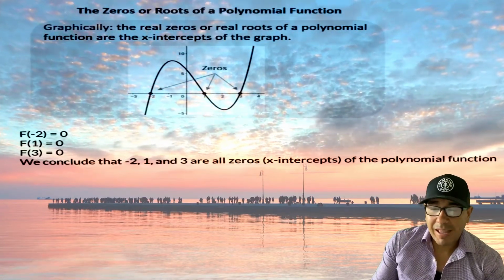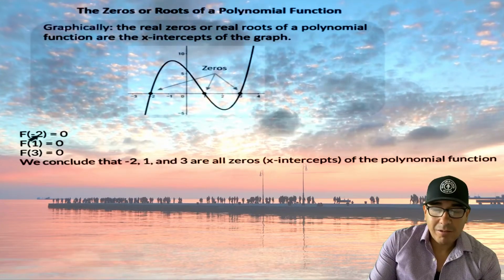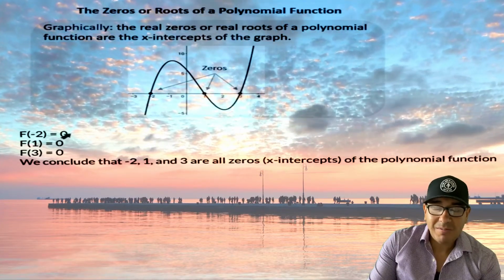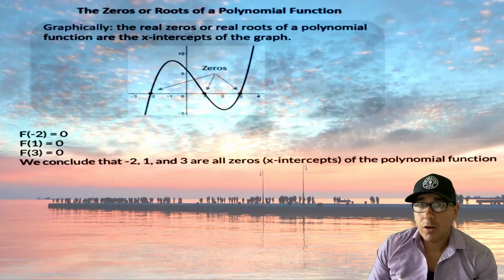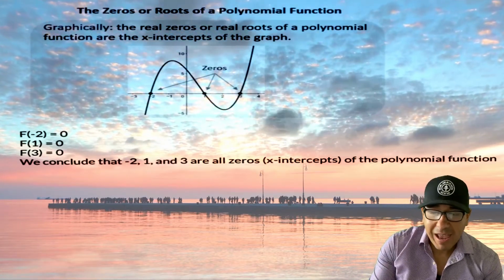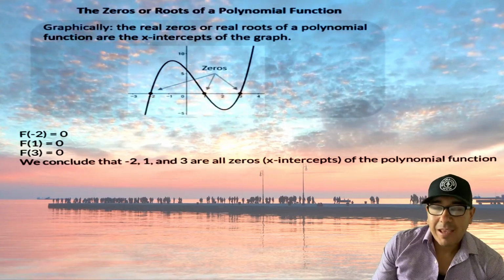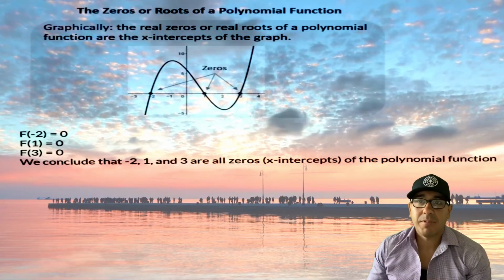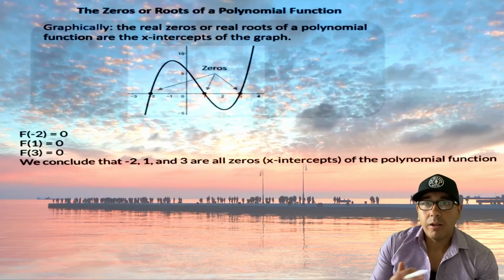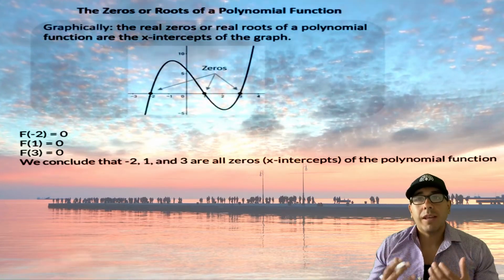Well, notice what the remainder theorem says. If I plug in some value, this output is going to give me my remainder. So whenever you get an output of 0, that means you have really found an x-intercept of that polynomial.